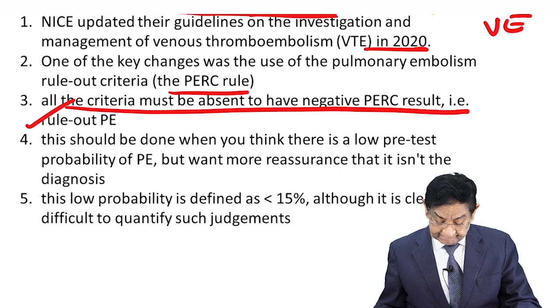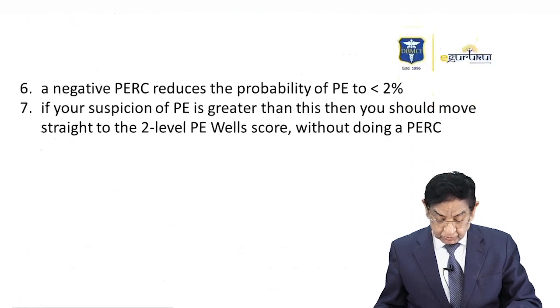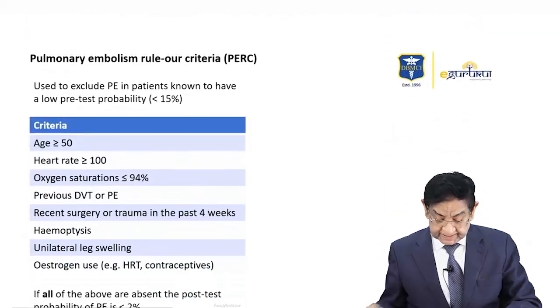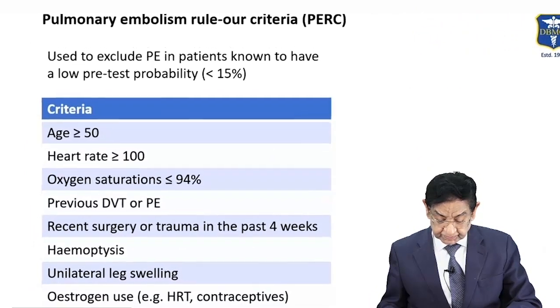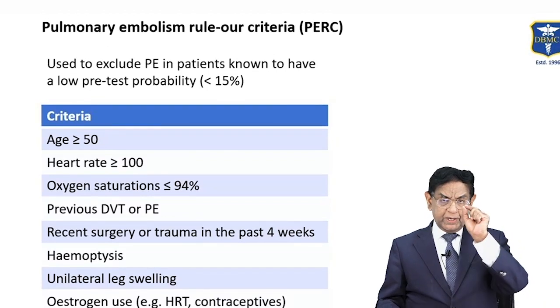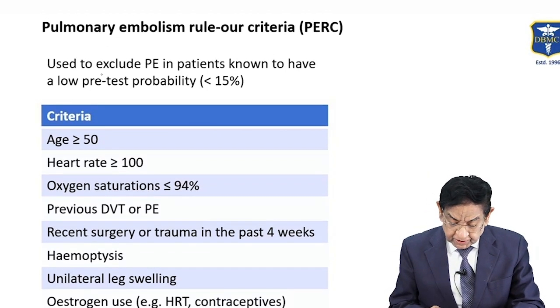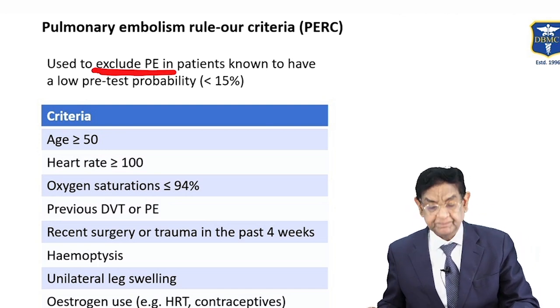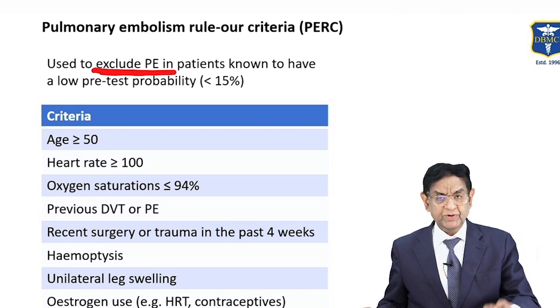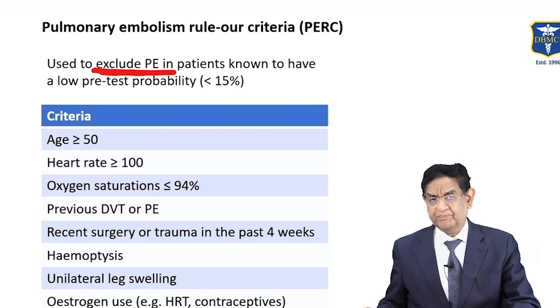So let us see what the criteria are. Point to be noted, this is to exclude pulmonary embolism. We want that this is not a case of pulmonary embolism.